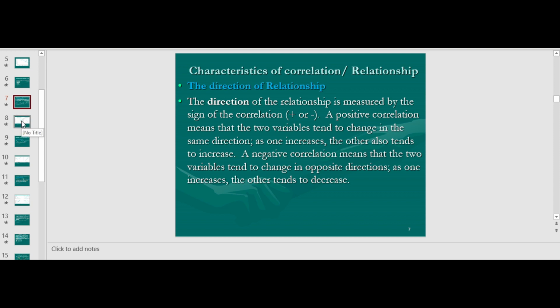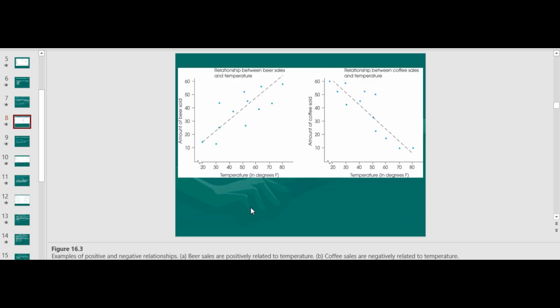In this scatter plot, two types of relationship, or two directions of the relationship, are displayed. In this scatter plot, there is a positive relationship between the two variables, and in this scatter plot there is a negative relationship between the two variables.